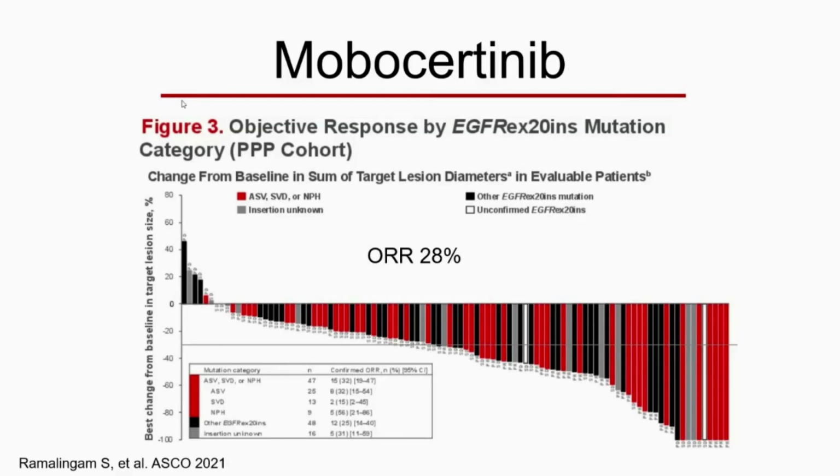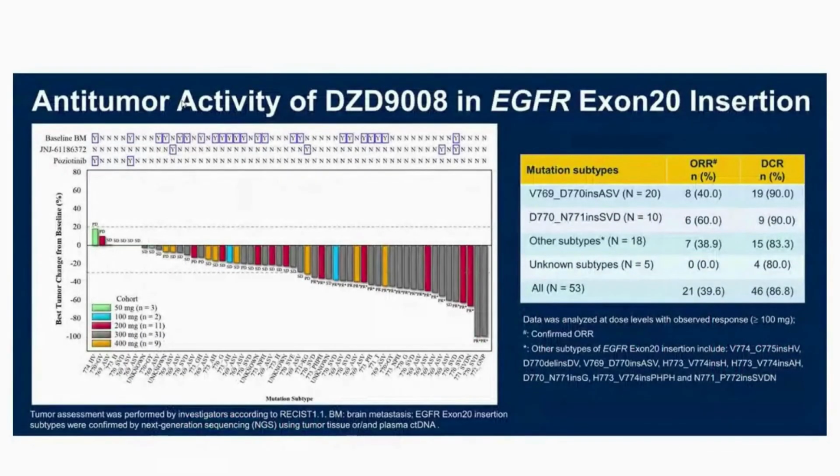If we go to the next slide, and indeed, we're seeing newer targeted therapies specifically for exon 20 mutations. So this is data that was also presented at the ASCO annual meeting. This is a relatively early asset. This is DZD9008. And here's another one of those waterfall plots.